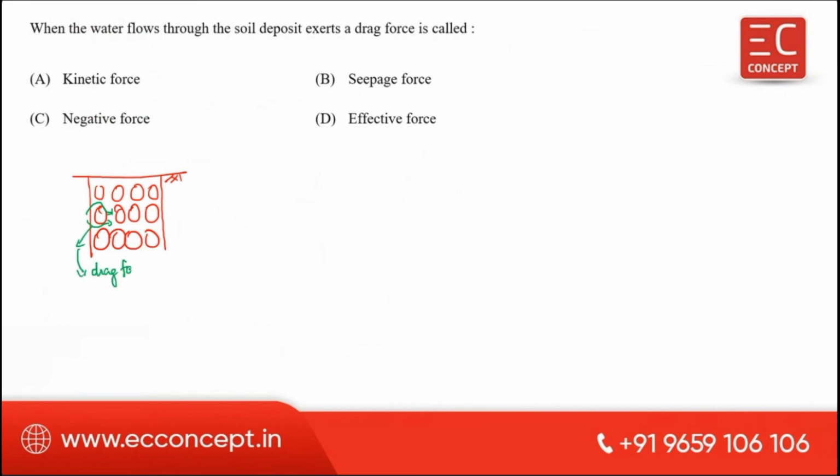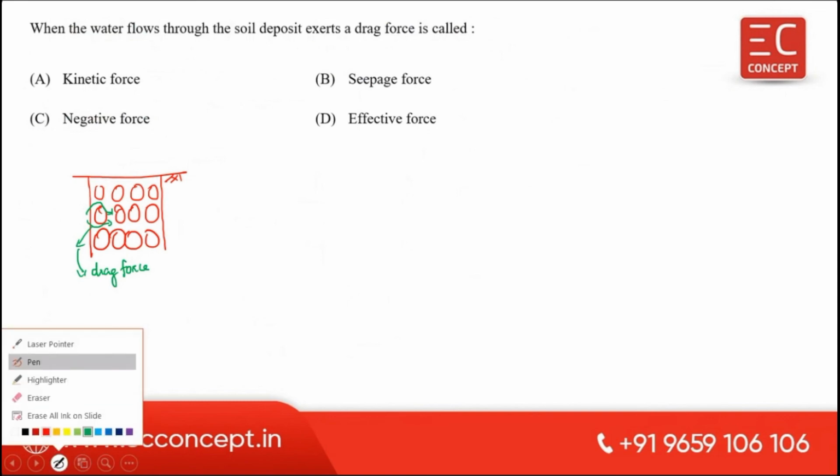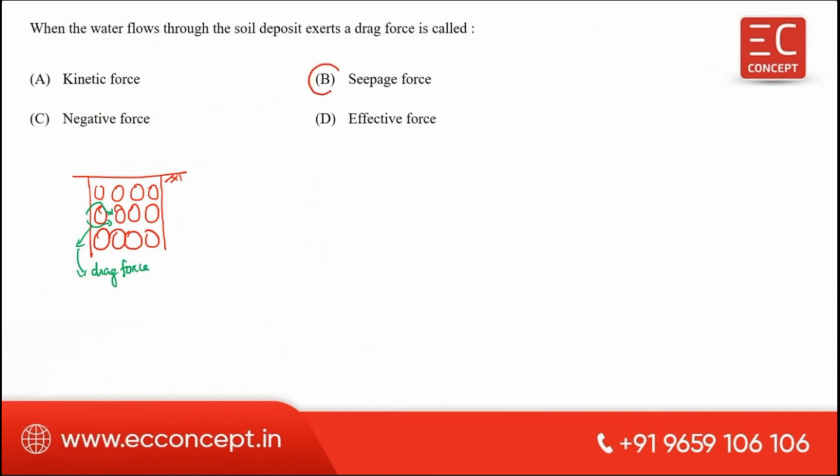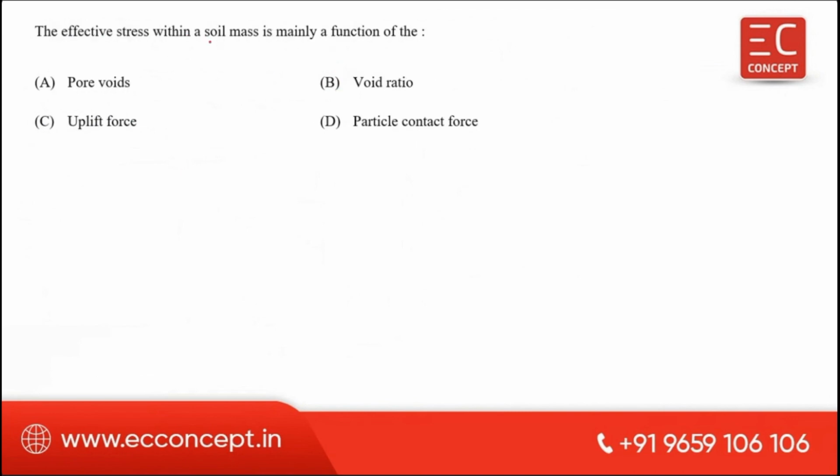Now this drag force is also called what? Seepage force. So this seepage water creates a drag force on the soil, and that drag force is called the seepage force. Now, the effective stress within the soil mass is mainly a function of what? Void ratio is one of the functions, because density is a function of void ratio.